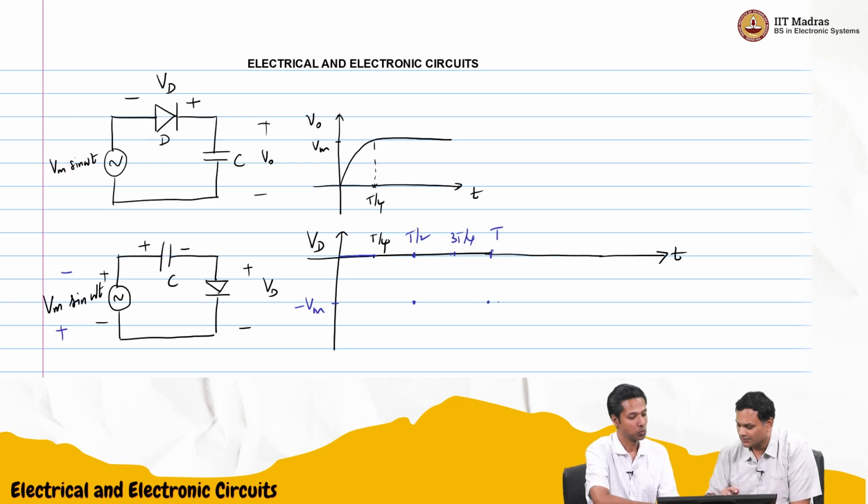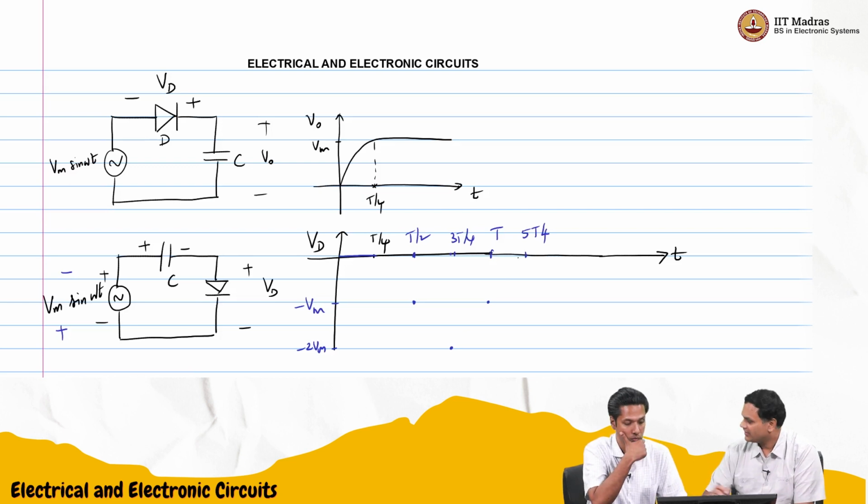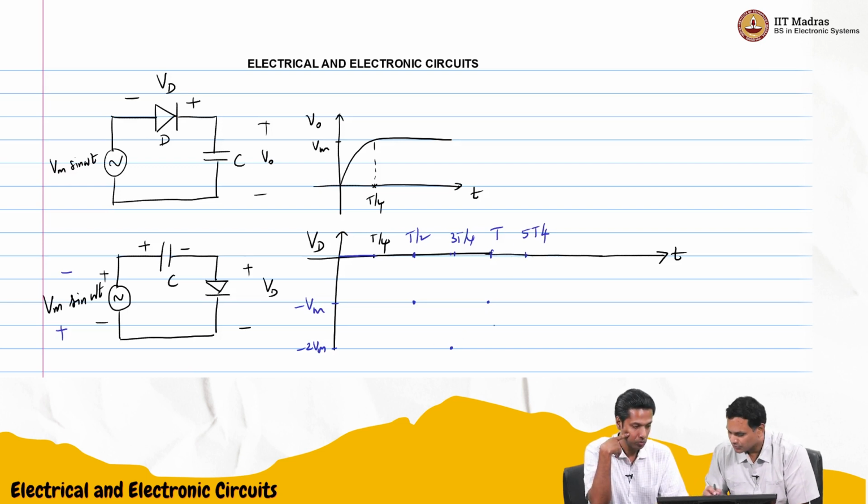And at 3T by 4 it goes to minus 2 VM. So I'll also do that. And then at 5T by 4, T plus T by 4, it will hit 0, because that's where it started. So the period is still the same, correct.